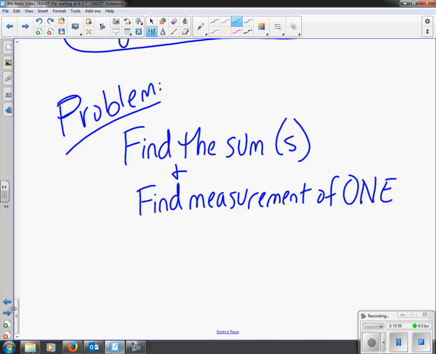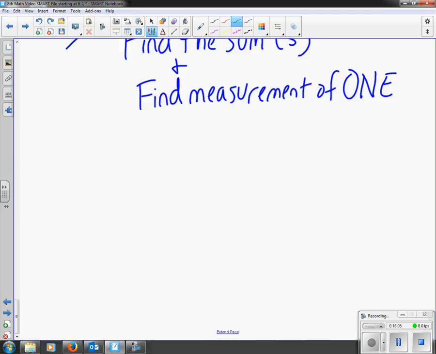So, okay, here it is. If I give you a 12-gon, what is the S? Find the sum of everything, and then find the measurement of one. Okay? See you next class.